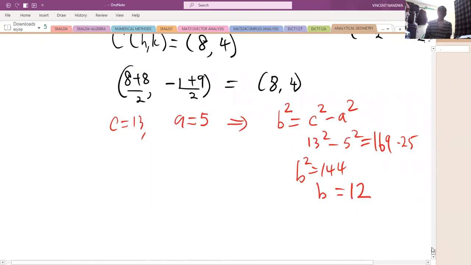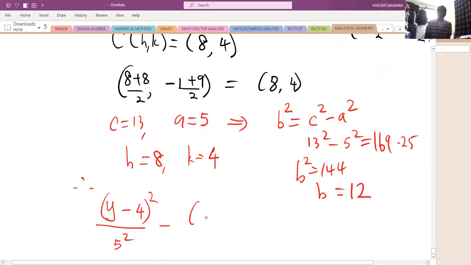And so we have the equation, because h is known to be 8 and k is known to be 4. The equation is (y minus 4) squared divided by 5 squared, minus (x minus 8) squared divided by 12 squared, equals 1.